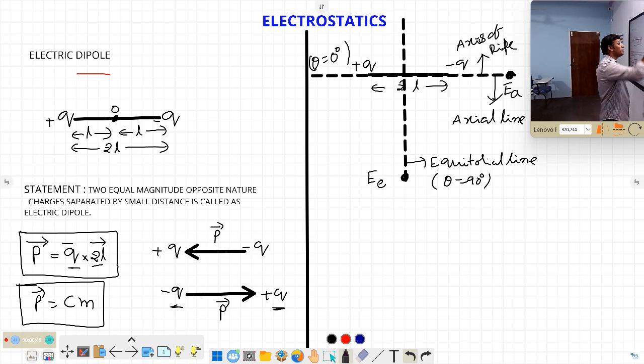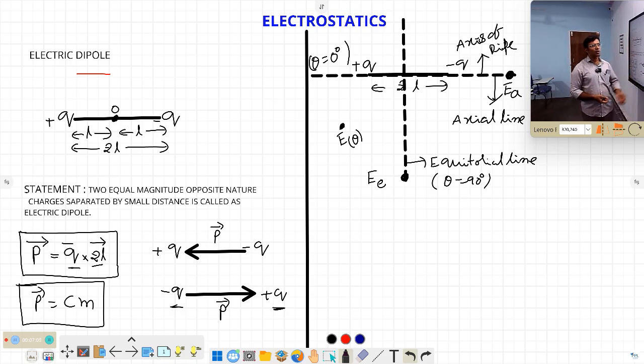Not only that, it can produce a field anywhere, so we can also calculate the electric field at any point, that is, at any angle. So the dipole produces the electric field around it, and we are calculating that electric field strength due to the dipole along the axial line, along the equatorial line, and at any position.